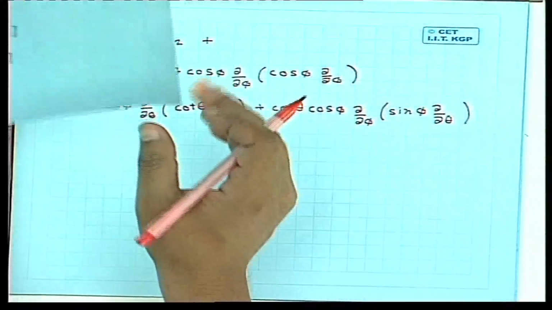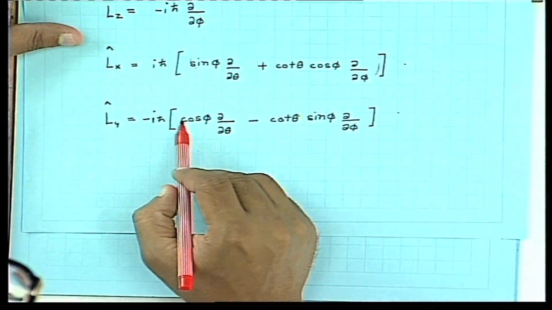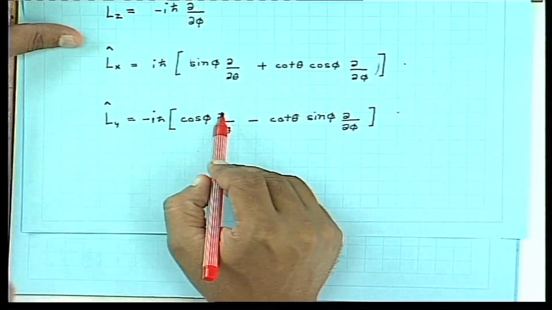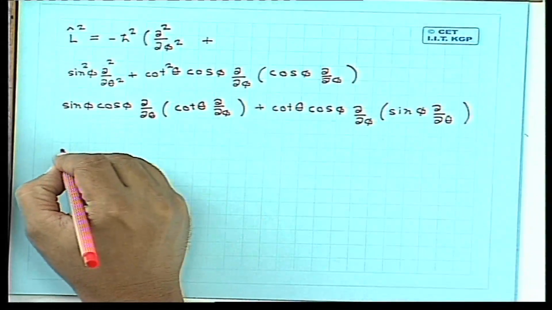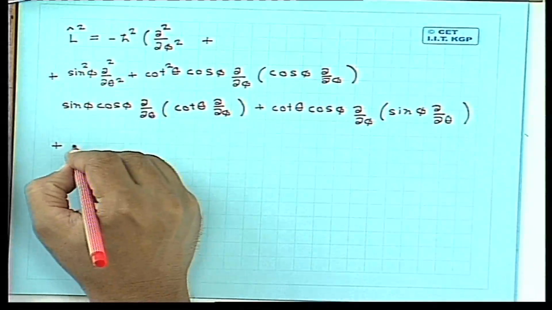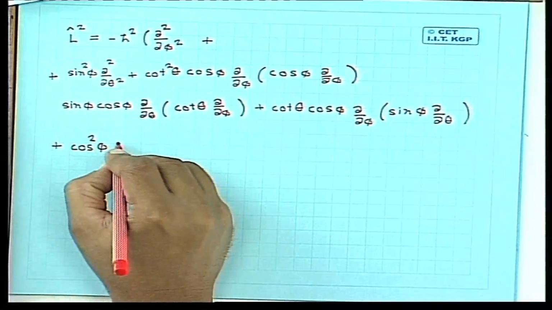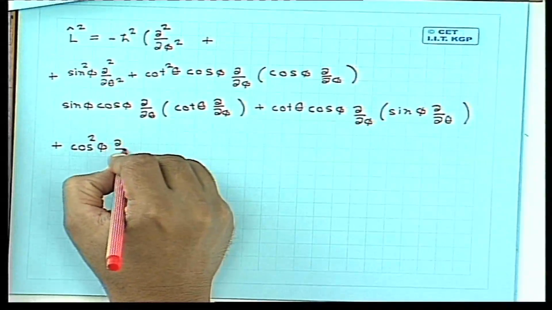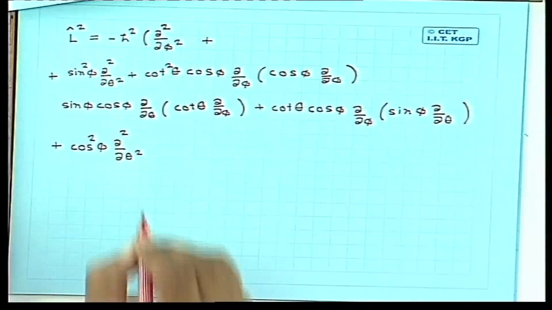Let me also calculate Ly squared. Ly squared will have one term which is cos squared phi del squared del theta squared. So I have a plus sign here, and I have cos squared phi del by del squared theta.